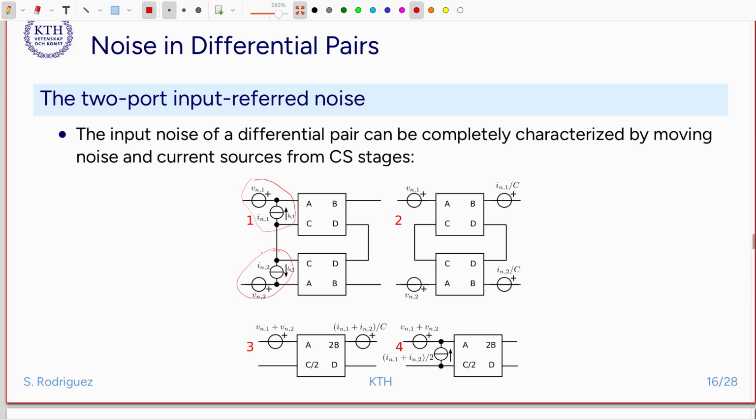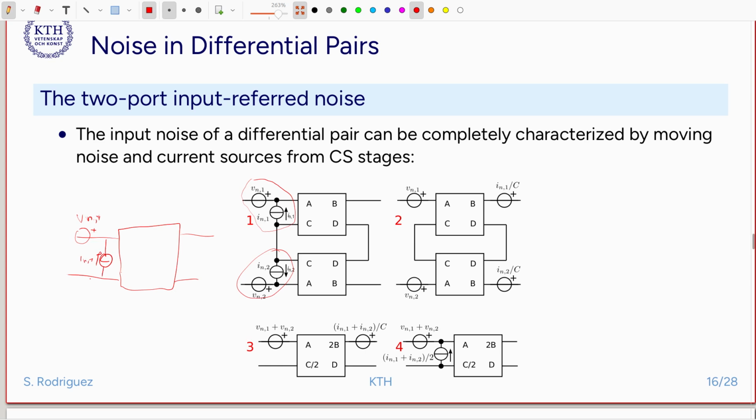Now to get a total input referred noise, because that is what we are after, we are after a model that comprises the complete balanced configuration. We can call it this VN total, and current source IN total here.